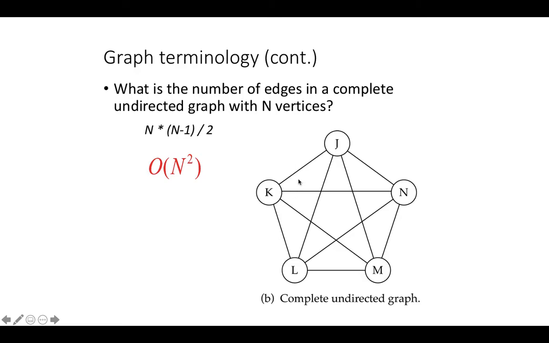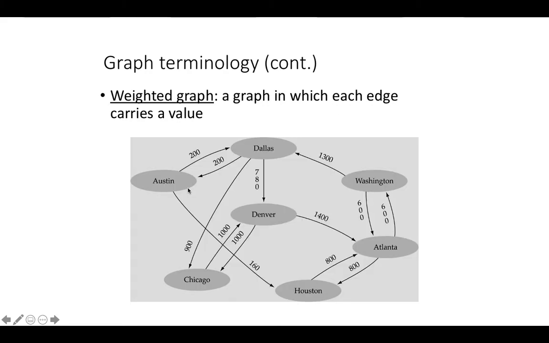In the undirected complete graph, we only have one edge connecting each pair of vertices, so the number of edges is n multiplied by n minus 1 over 2, which is also big O of n squared.